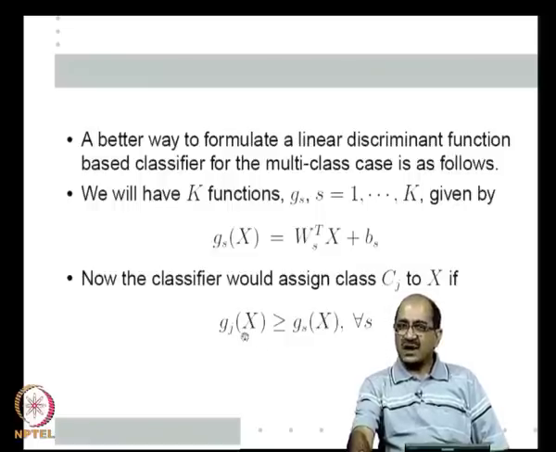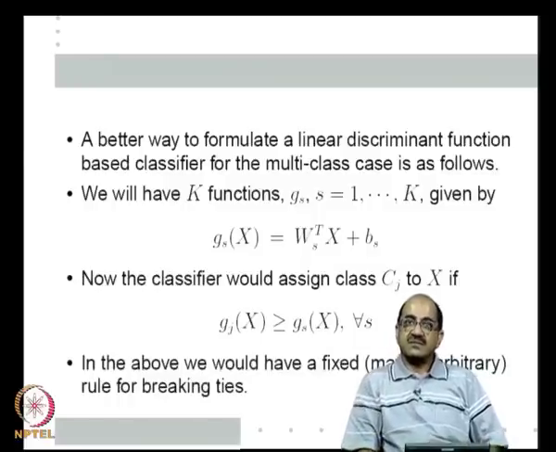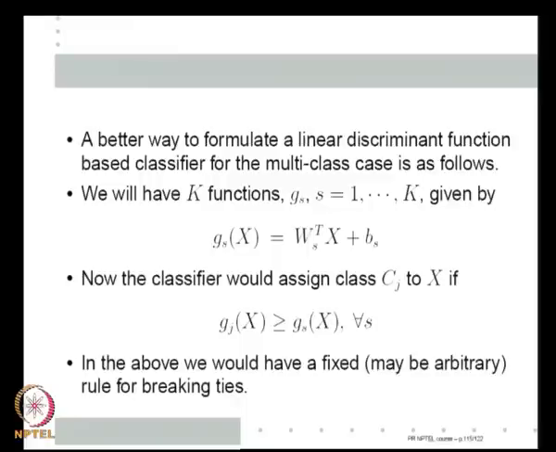But this is not complete, because there will be ties, right. So, g_1 of x and g_2 of x might have the same value, and that is bigger than the value of g_j of x for all other j. Now, should I put x in class 1 or class 2?